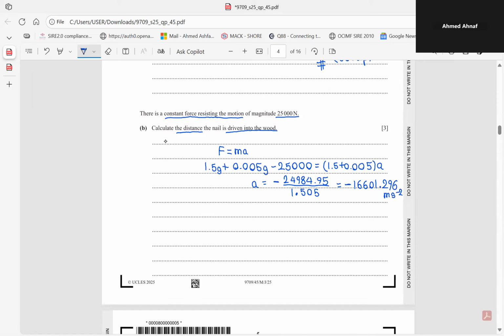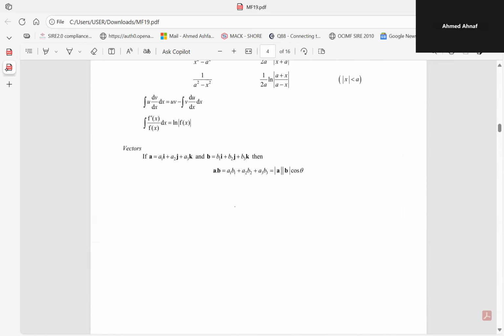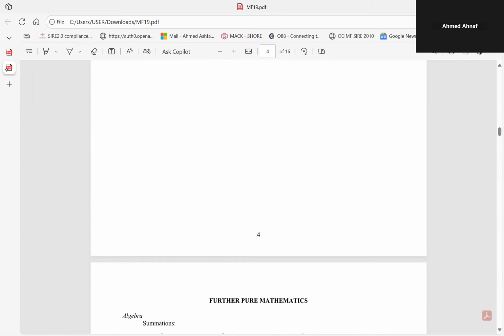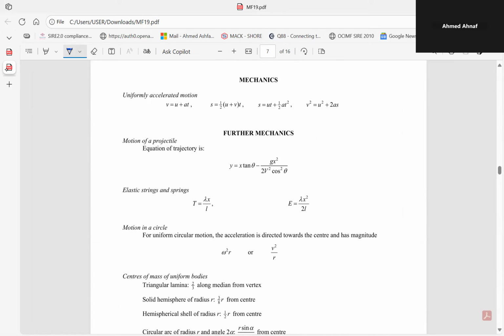Okay, and now we're going to use our Suvat equation, this equation from your MF19 and the mechanics. V squared equals u squared plus 2as.